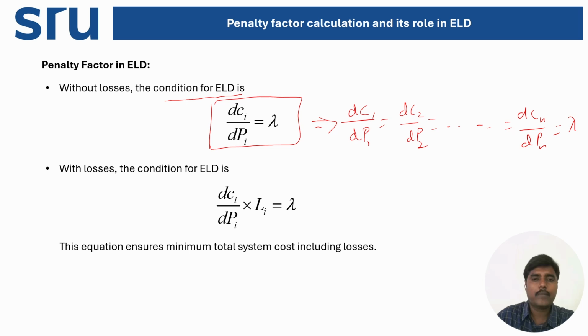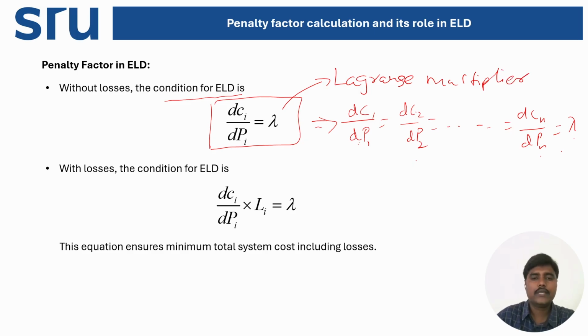Where dC1/dP1 is called the incremental fuel cost of unit 1, dC2/dP2 is termed the incremental fuel cost of unit 2, and so on. That is equal to lambda, where lambda is called the Lagrange multiplier.